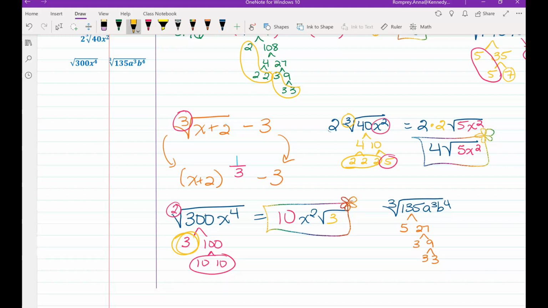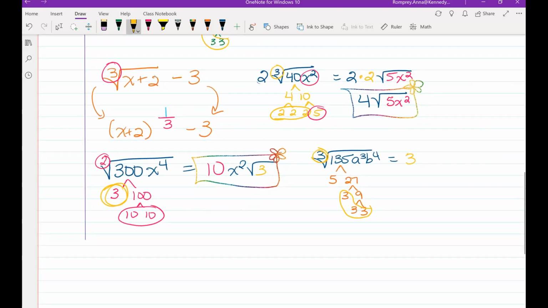And again, our lovely index is telling us that we are looking for groups of 3, and we've got one. So our group of 3 comes out front. And now I'm going to look at my variables. Remember, don't forget about this 5, so that'll stay inside.